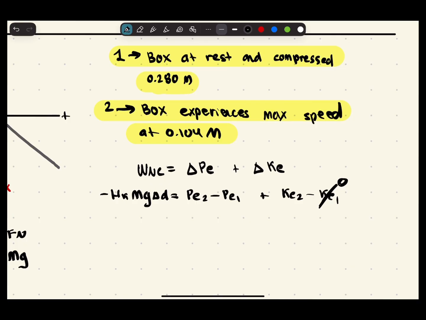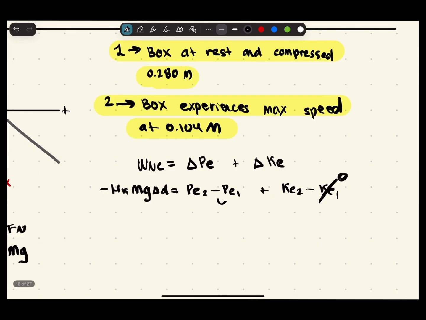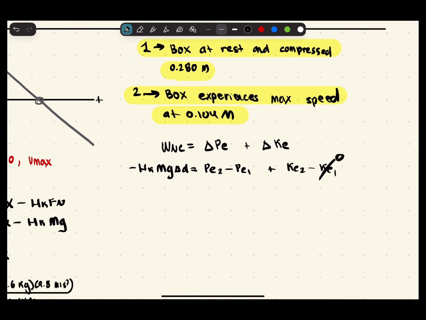Now at 2, the box experiences a max speed at 0.104 meters. At 0.104 meters, the box is still in contact with the spring, so we still have potential energy at 2, which is why that's not equal to 0. Just in case you were confused by that.